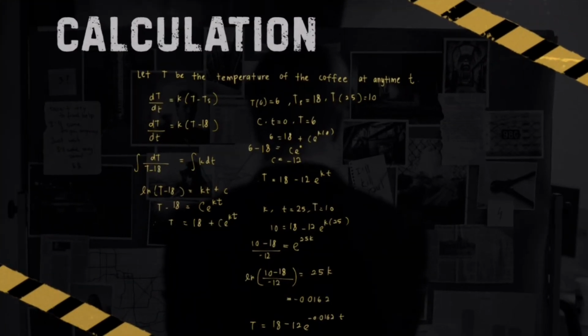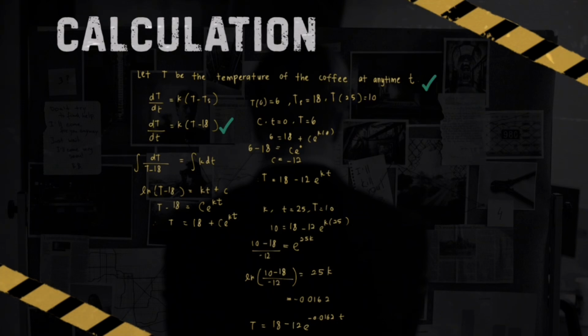Let's solve this together. We apply Newton's law of cooling and warming. We let T represent the temperature of the coffee at any time t. The rate of change dT over dt is proportional to the difference between the coffee temperature and the surrounding room temperature Ts, which is 18 degrees Celsius.